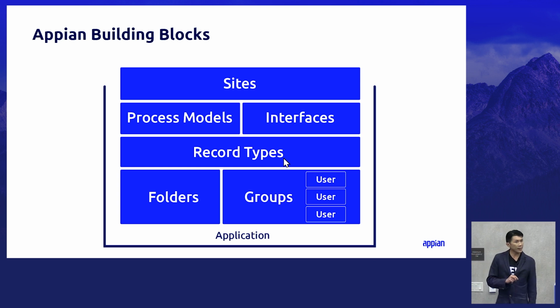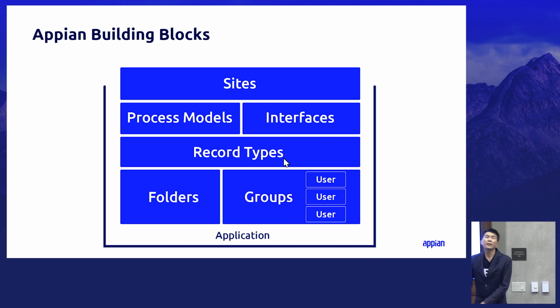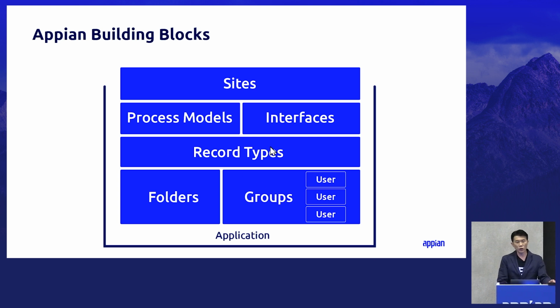You have your interfaces, which you can use to interact with data on any UI, like a form or dashboard. And finally, to show your end user the interface you have created, we have the site. A site allows you to create a tailored experience for your end user.